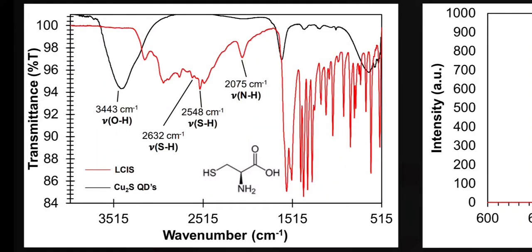The signals at 1637 and 1373 are assigned to stretching vibrations of the carbonyl and carbon-oxygen bonds, respectively. For LCs, the sulfide-sulfide stretching vibration is seen around 588.